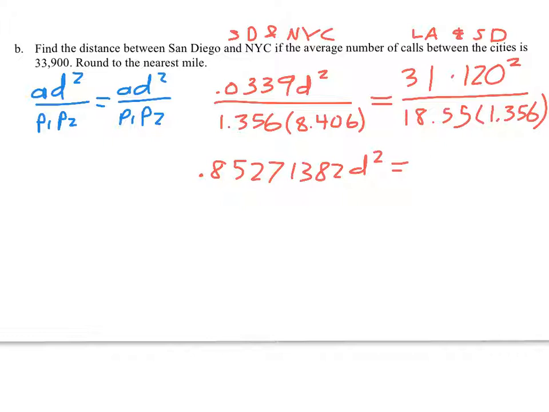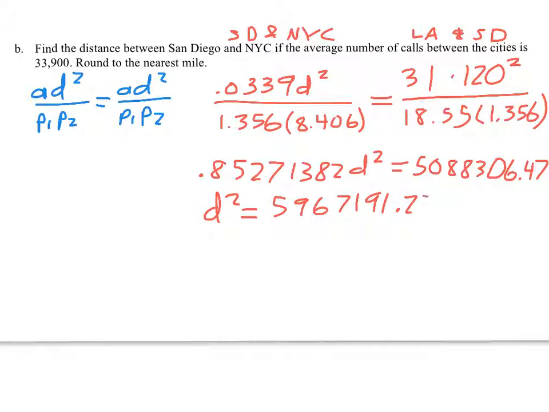So this equals 50803.0647, which means d squared equals 5967191.279. We square root both sides. We find that the distance rounded to the nearest mile is 2,443 miles.